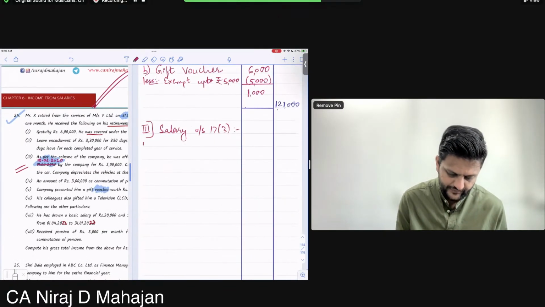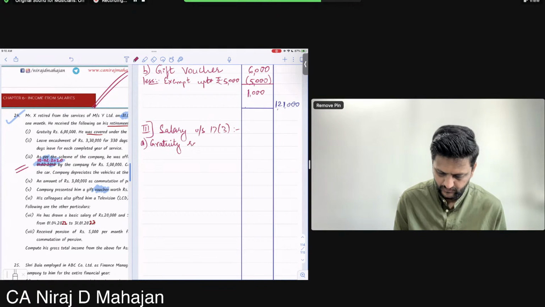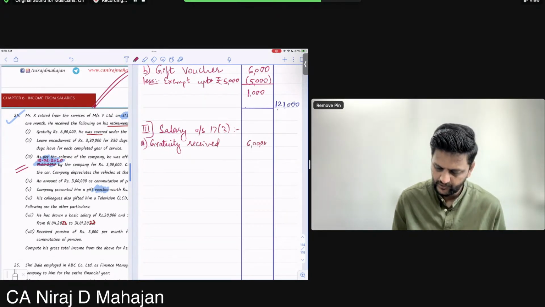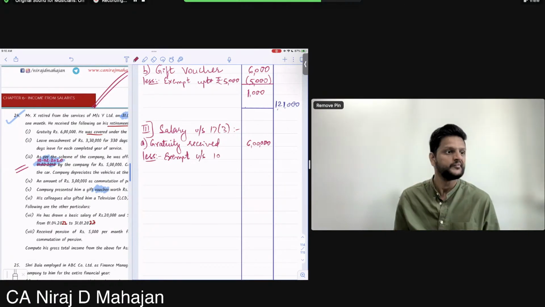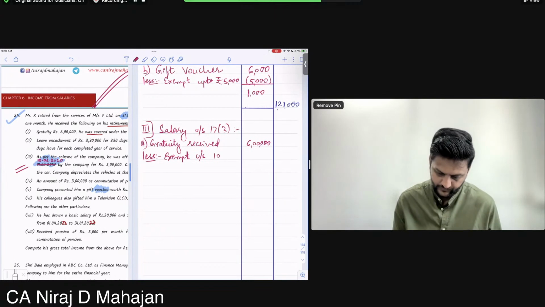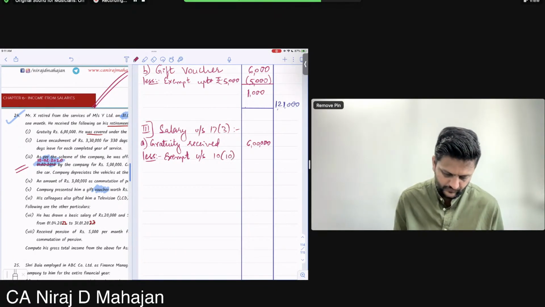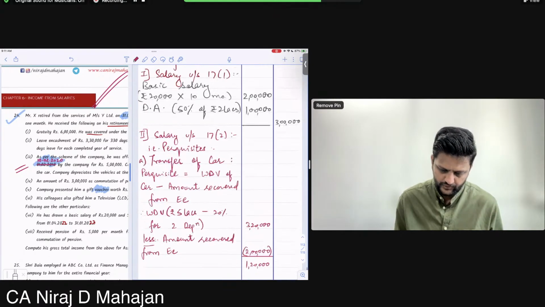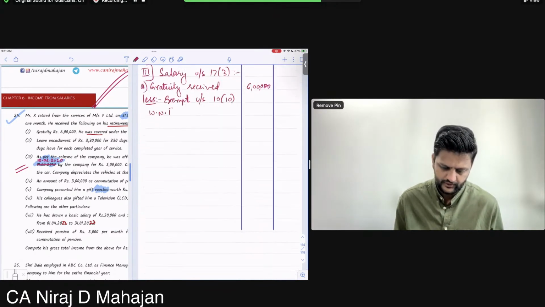First one, gratuity received: 6 lakhs. Less: exempt under section 10(10). Gratuity is 10(10). Working note 1.